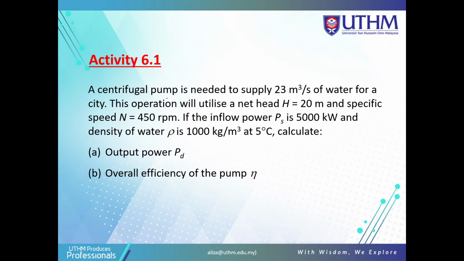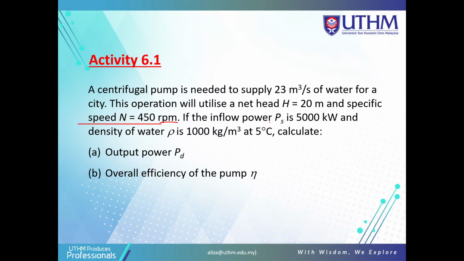Okay, look at the example here. A centrifugal pump is needed to supply 23 cubic meters per second of water for a city. This operation will utilize a net head H equal to 20 meters and a speed N of 450 RPM, rotations per minute.